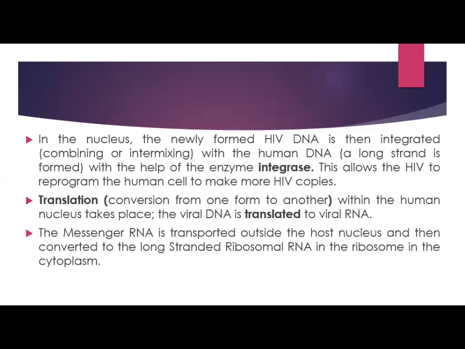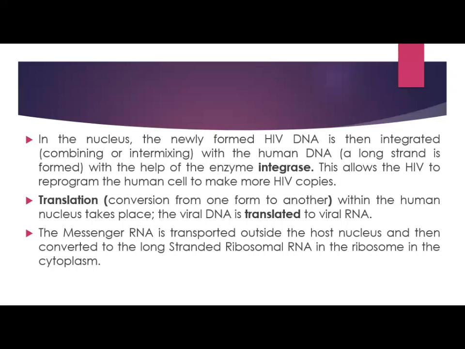So after that, this stage is also called the integration. And then we have translation. Translation is basically conversion from one form to another. So conversion will take place in the human nucleus.